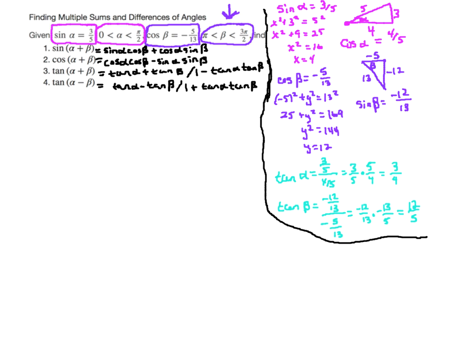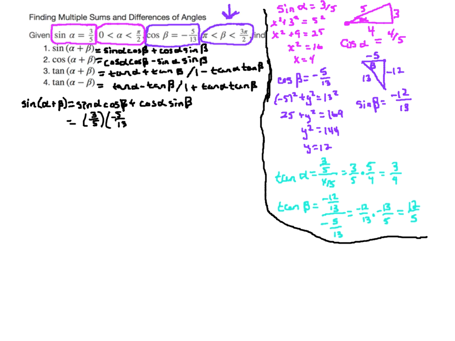I don't know if I'm going to have enough room on this screen either to do all of them. Okay, so let's start with sine alpha plus beta. So sine alpha plus beta is equal to sine alpha cosine beta plus cosine alpha sine beta. Sine alpha is 3/5.